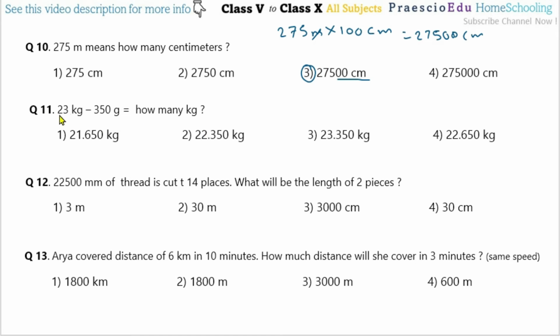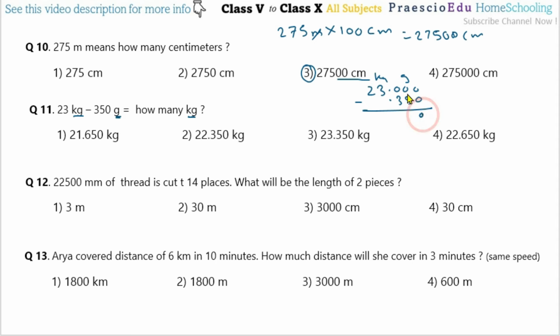Then question number 11, 23 kg subtracted by 350 gram, how many kg? Now here the kg, here the gram, and asking in kg. So for this one, 23 kg means 23.000 subtracted with 0.350. This is kg and this is gram.